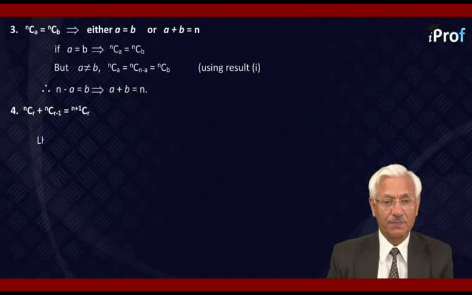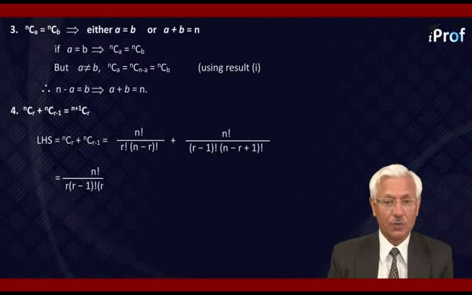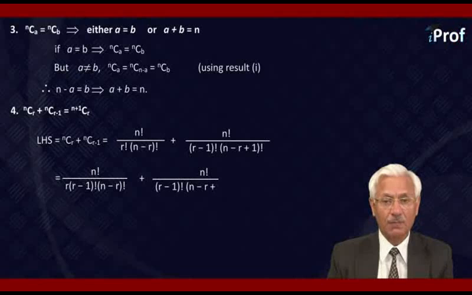Consider the left hand side. nCr plus nC(r minus 1) is equal to n factorial upon r factorial into n minus r factorial, that is the value of nCr, plus n factorial divided by r minus 1 factorial into n minus r plus 1 factorial, which gives us n factorial divided by r factorial, which can be replaced by r into r minus 1 factorial, into n minus r factorial, plus n factorial divided by r minus 1 factorial into n minus r plus 1 factorial, which can be replaced by n minus r plus 1 into n minus r factorial.